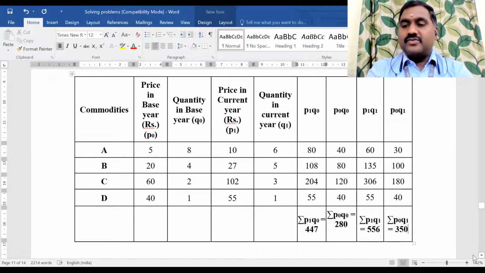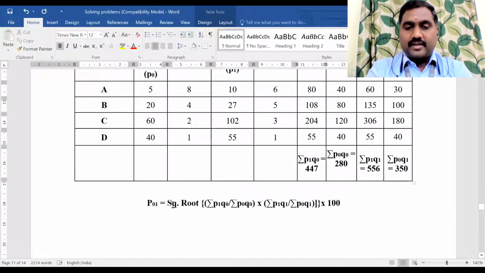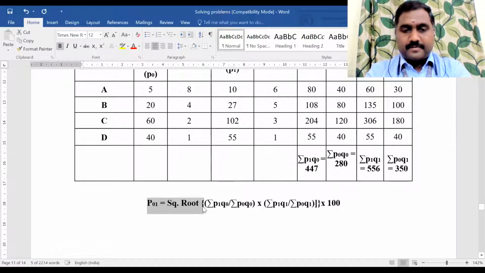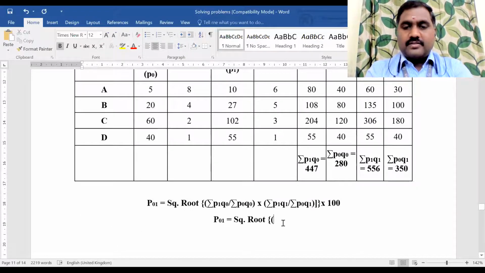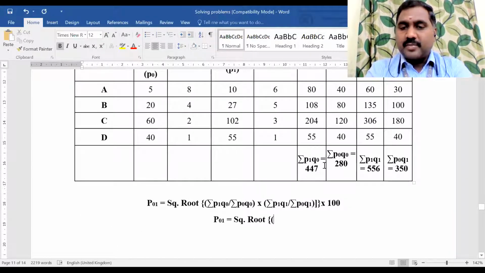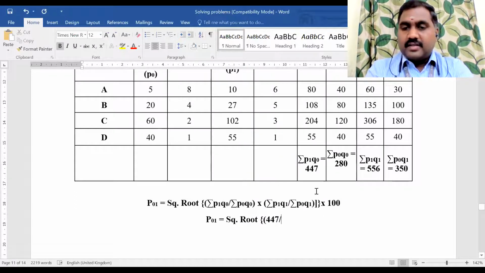Now what do we have to do? We have to substitute in the formula. So this is the formula, right? I'll just copy and paste it here. Now, summation P1 Q0 is 447, divided by summation P0 Q0, which is 280.